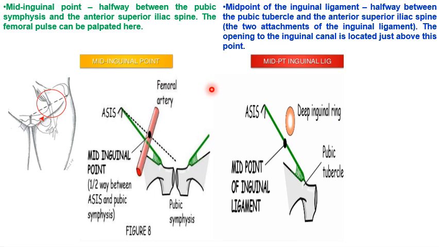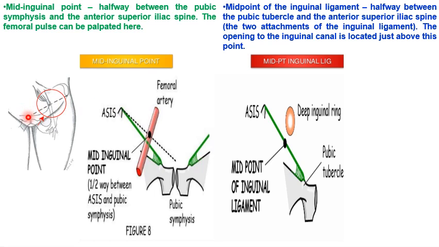Before we go into the topic, one needs to know the difference between the mid-inguinal point and the midpoint of the inguinal ligament, which is very, very important. The mid-inguinal point is the point halfway between the pubic symphysis and the anterior superior iliac spine.